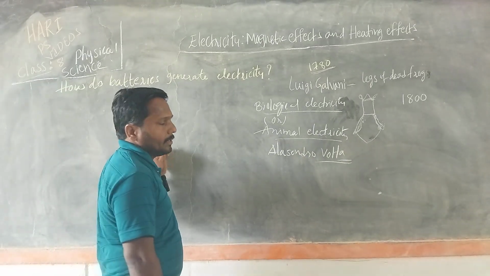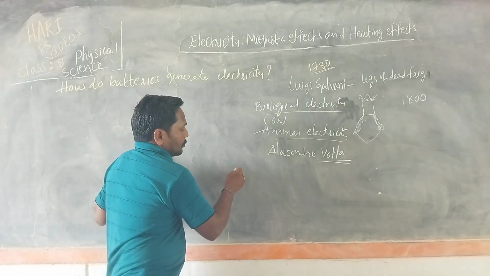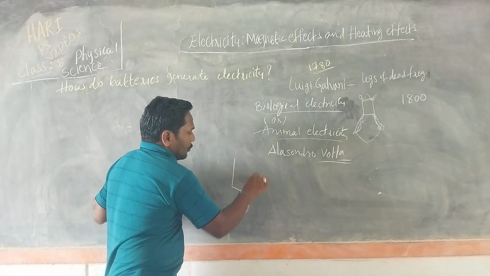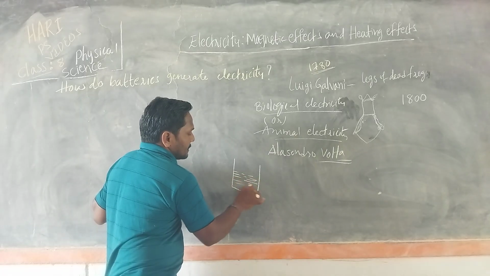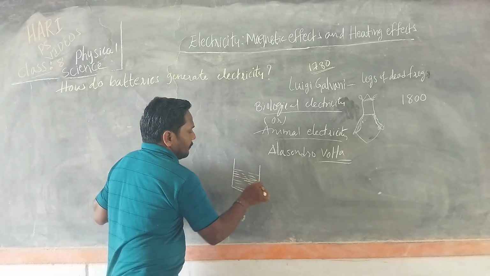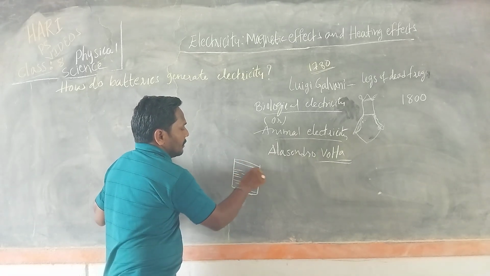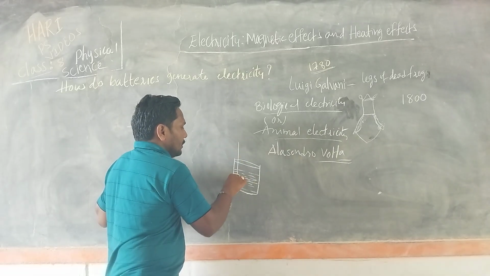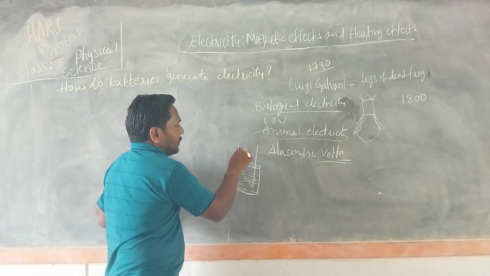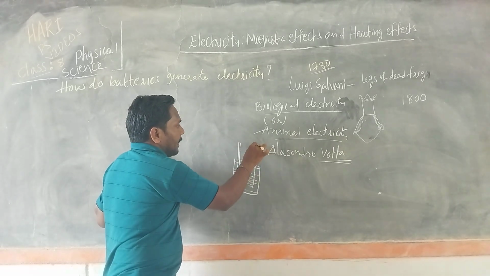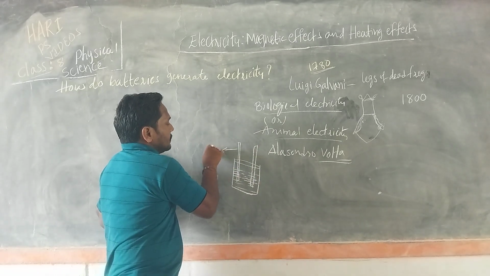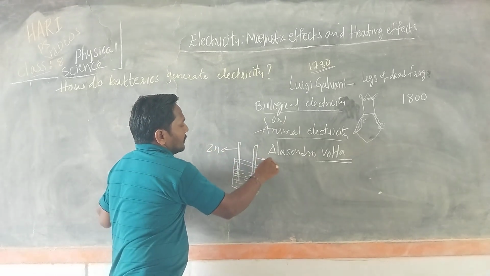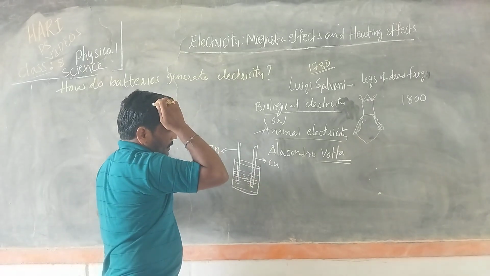He took dilute sulfuric acid in a container and inserted two different metallic rods, one zinc and the other copper.